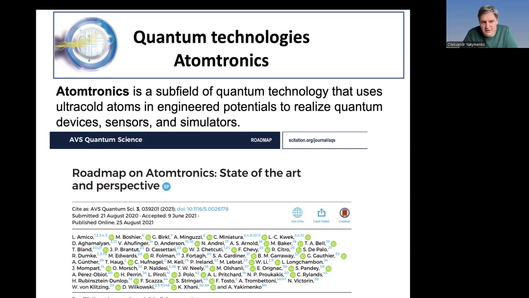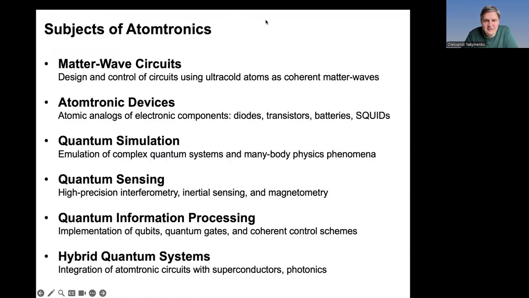This is a very developed field, and there are a lot of papers, including reviews, and including one in which I participated as a curator, the roadmap of Atomtronics. Just to give you an idea of what the subjects of Atomtronics are, I will mention some of them.